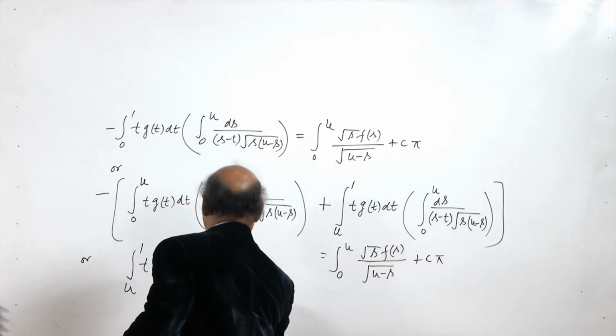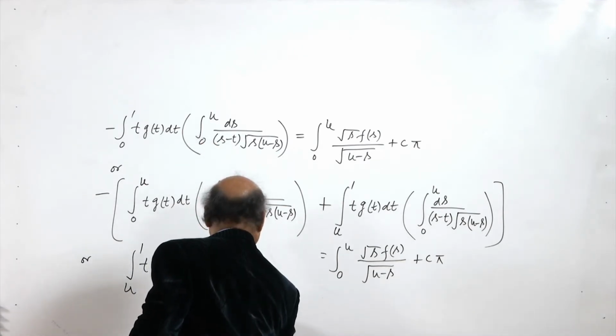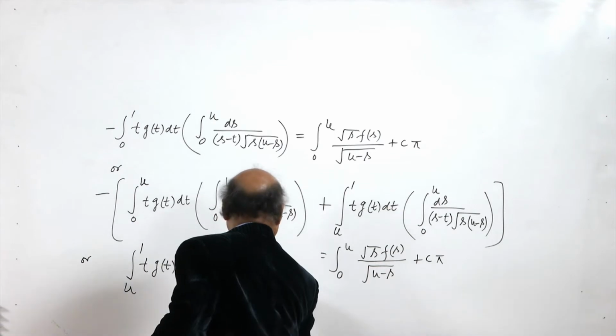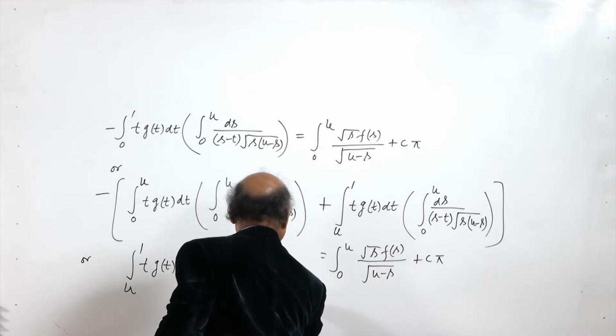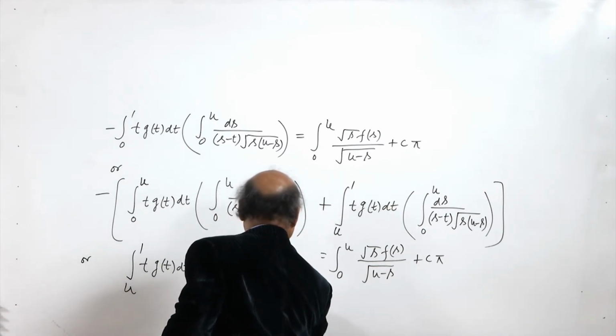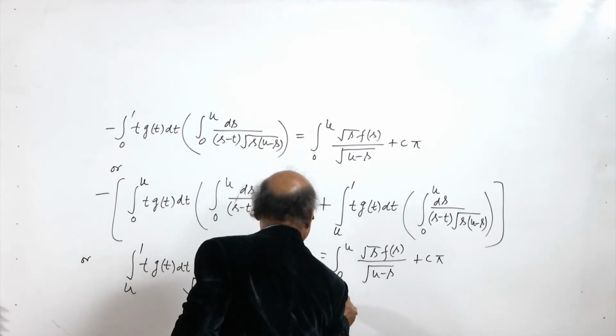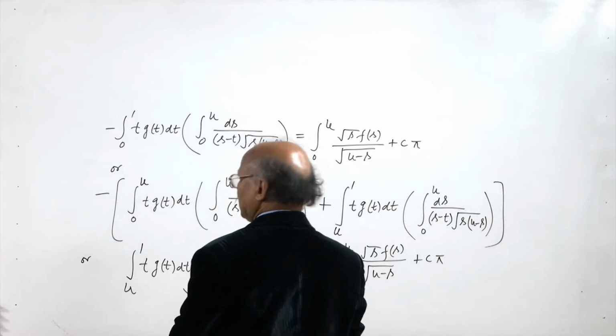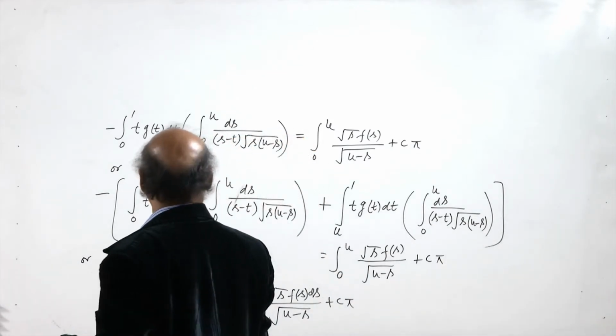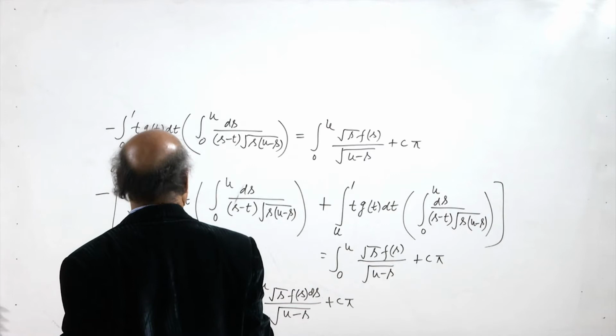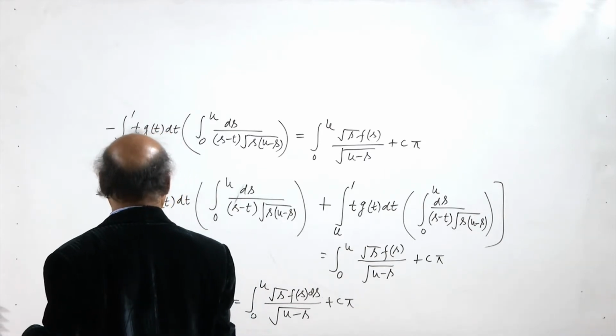equal to integral 0 to u root s fs ds divided by square root u minus s plus c pi, and we can write it as, okay, we can further simplify this.